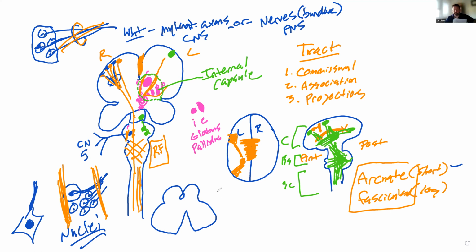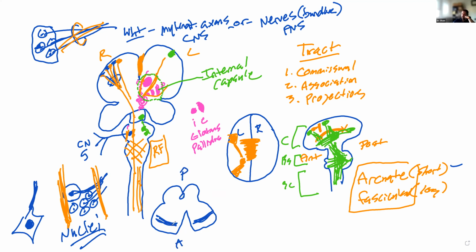Let me pull this out. So here we go. We have a section of our midbrain, and this is posterior, this is anterior.